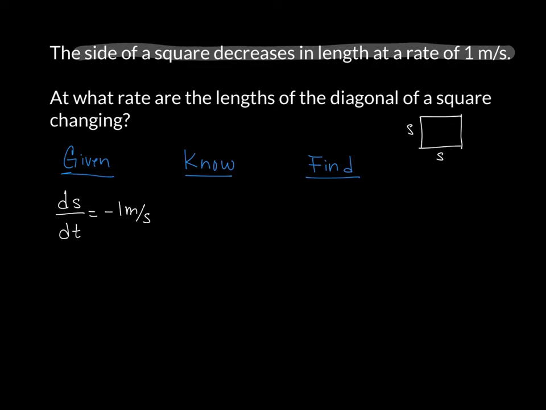All right, what do I know? Well, I know that I have the area of a square. That's the side squared. And what are we trying to find? We're trying to find the rate of change of the diagonal, so I'm going to draw a diagonal, and we're going to go ahead and call that diagonal L. So I'm going to go ahead and add that I know that s squared plus s squared is equal to L squared, or that 2s squared is equal to L squared.